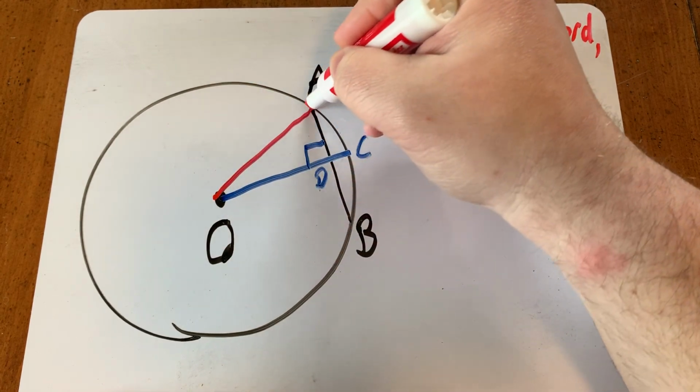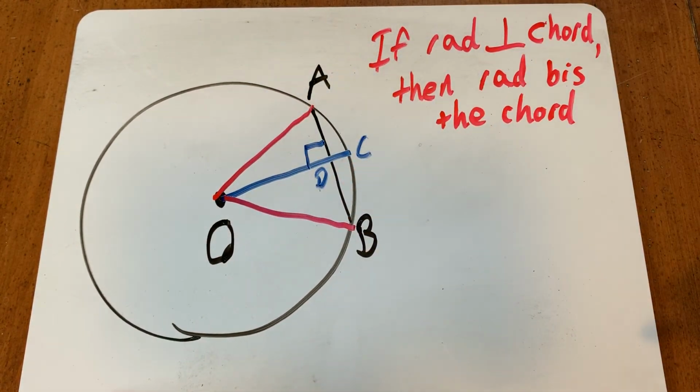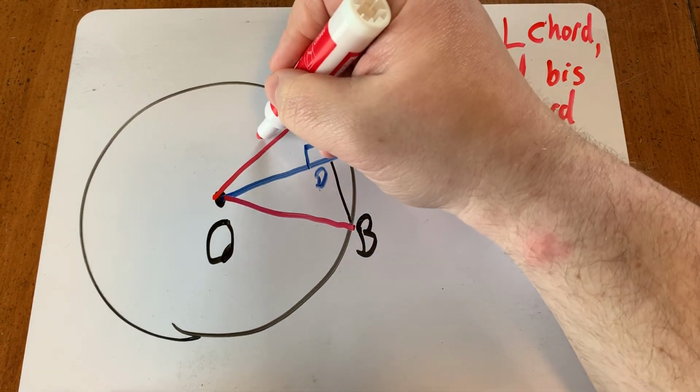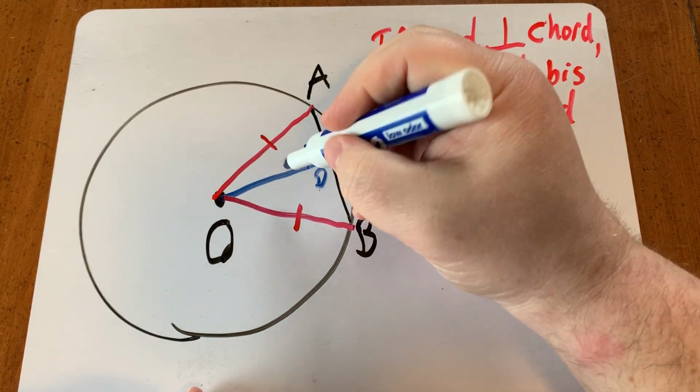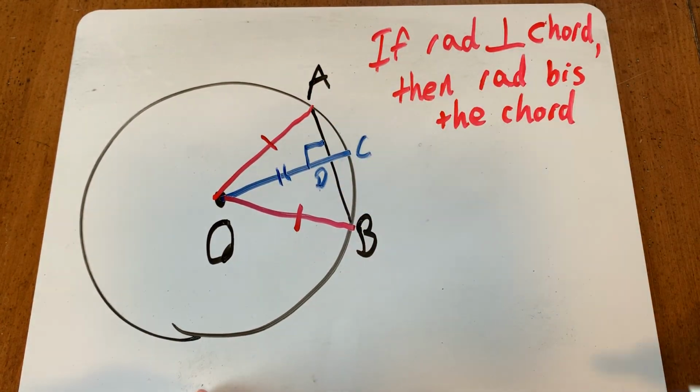We can show that by constructing the radii OA and OB. We know that since they're radii, those two are congruent. We also know that OD is congruent to itself.